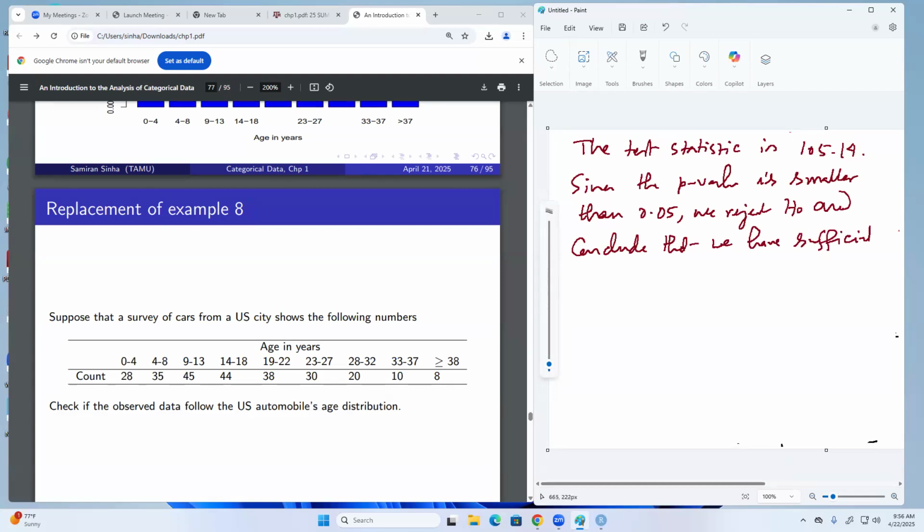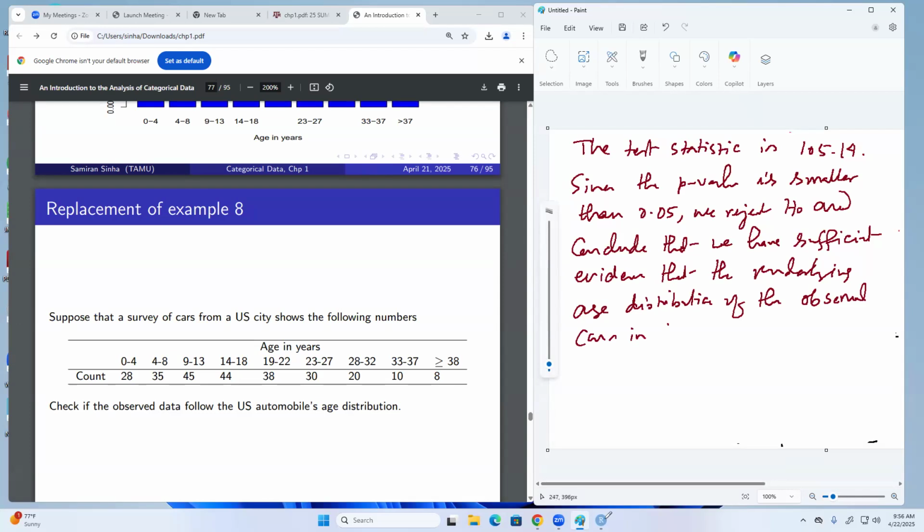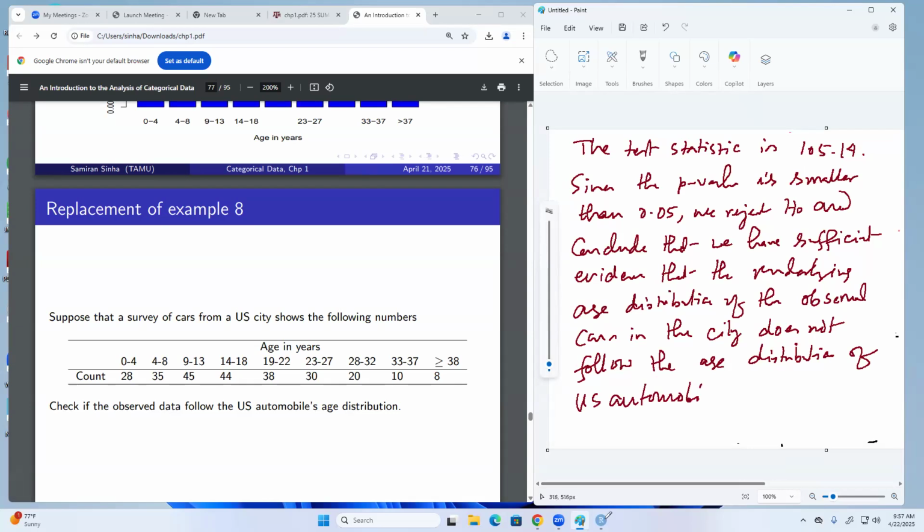This is evidence that the underlying age distribution of the observed cars in the city does not follow the age distribution of US autos.